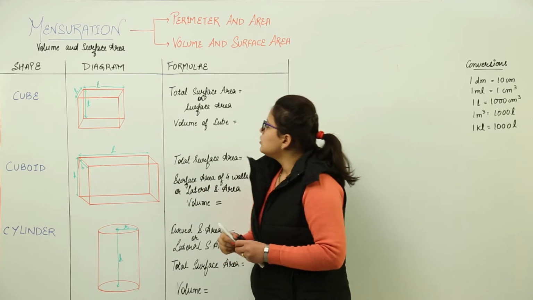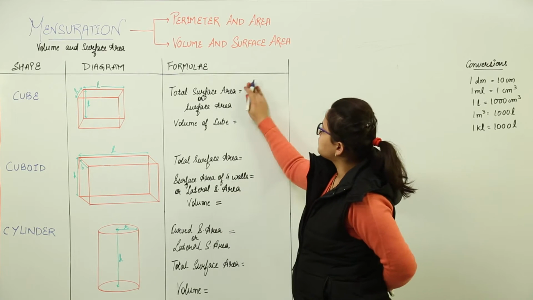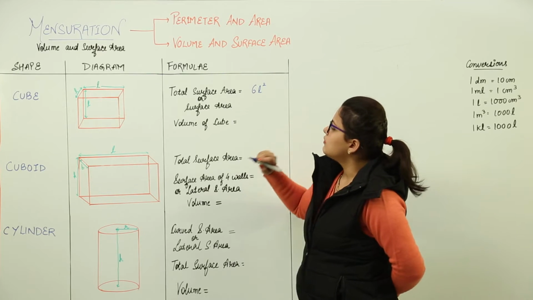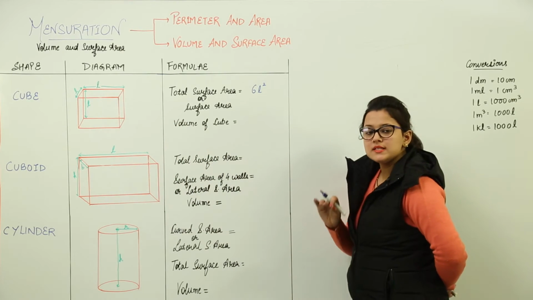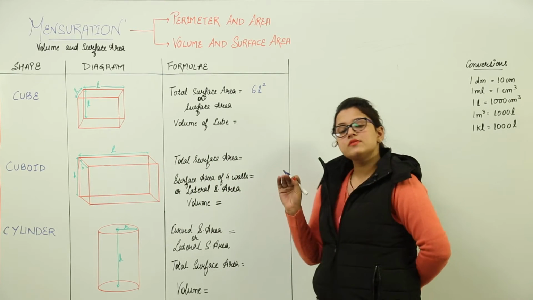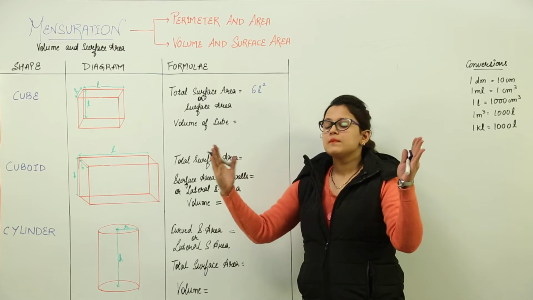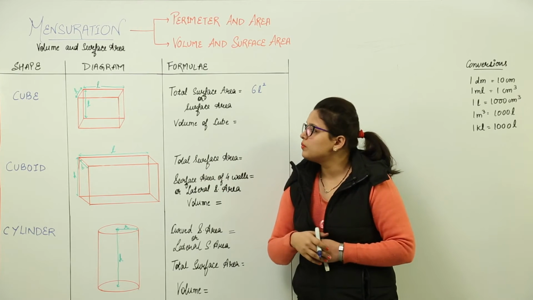Here the total surface area of the cube will be equal to how much? 6L square. Why? How many faces does a cube have? A cube has 6 faces and all the 6 faces are squares. So 6 squares are combined together to form one cube, right?